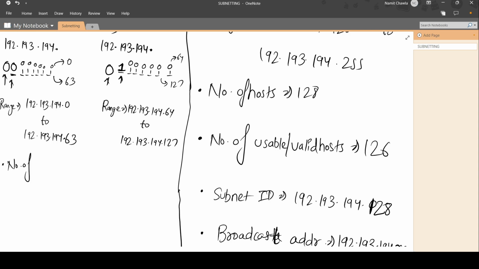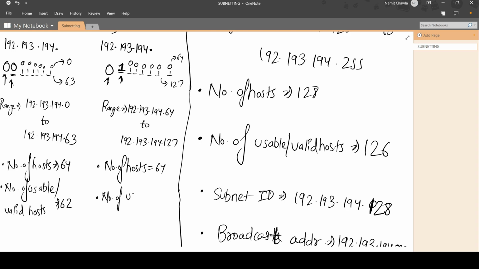Number of hosts will be 64. Over here, number of hosts are 64. Next one, number of usable or valid hosts are 62 because 2 are subtracted.